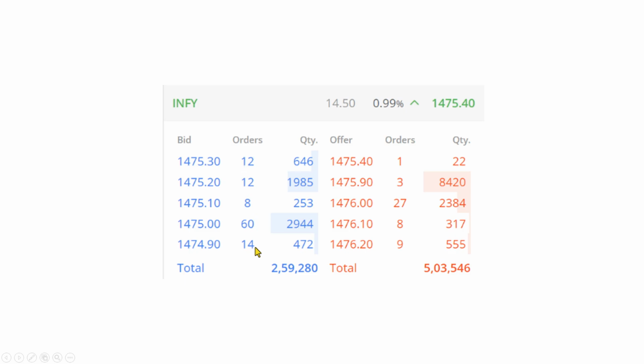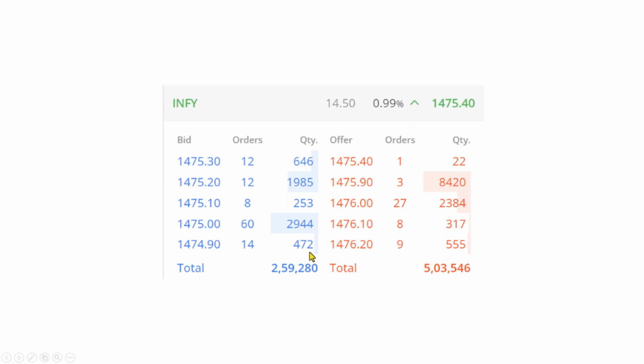These tell us how many individual buy orders there are at that particular price. For example, at this price level, there are 12 individual buy orders. And then the quantity tells us the total number of shares buyers want at that particular price level.